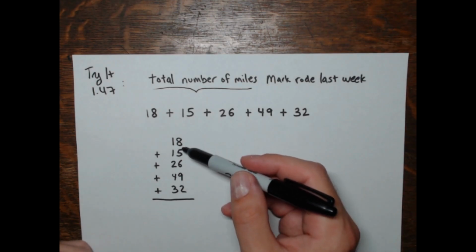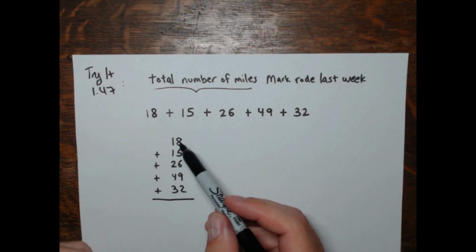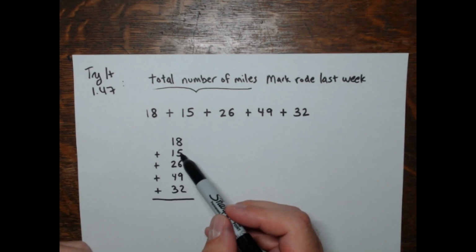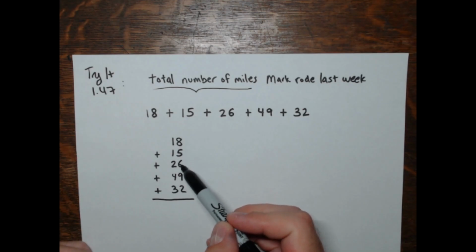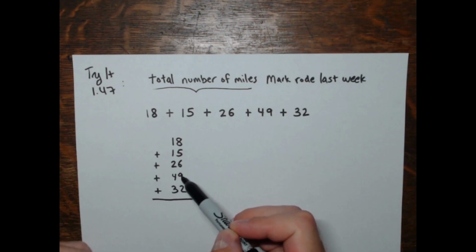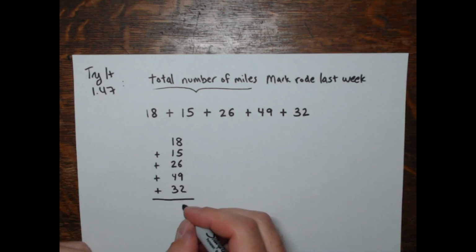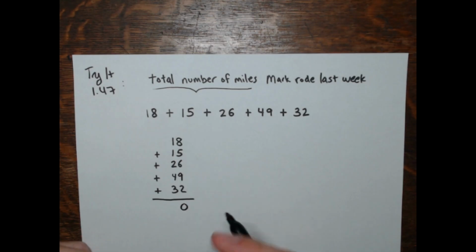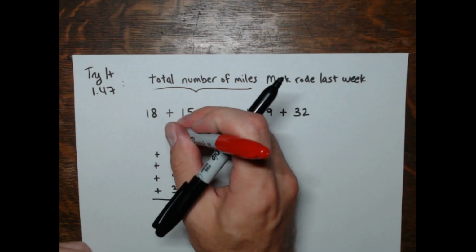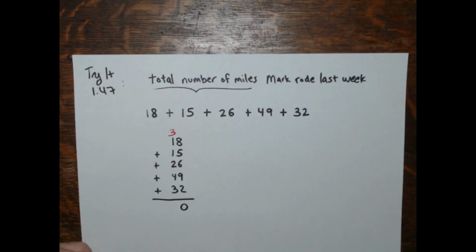All right, so adding up the ones digits, 8 plus 5 is 13. 13 plus 6 is 19. 19 plus 9 is 28. And then 28 plus 2 is 30. So you have 0 in the ones, and then I'm going to carry 3 in the tens.